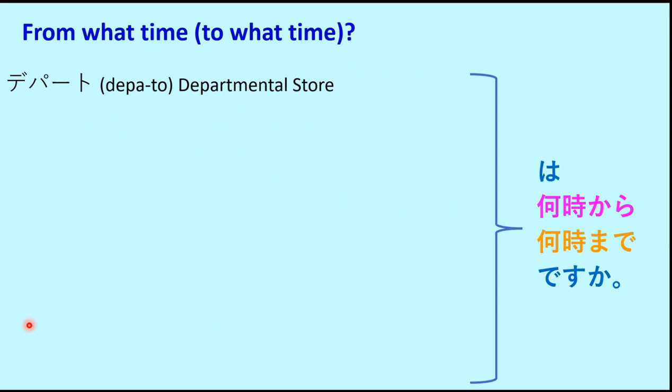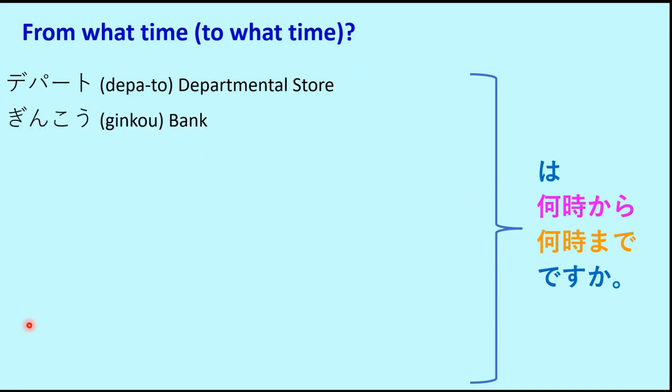That means from what time to what time is the departmental store? So the departmental store is open from what time to what time? So suppose it is open from 7 a.m. to 7 p.m. So the answer will be depato wa gozen shichiji kara gogo shichiji made desu. That will be the answer.